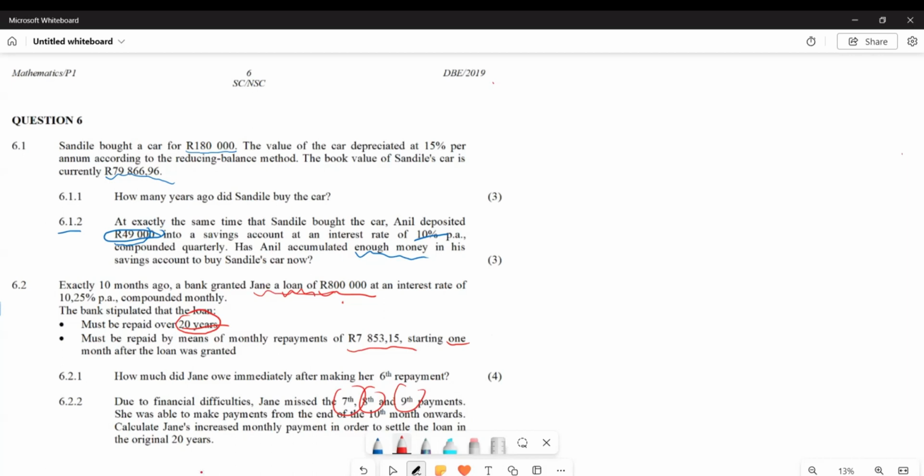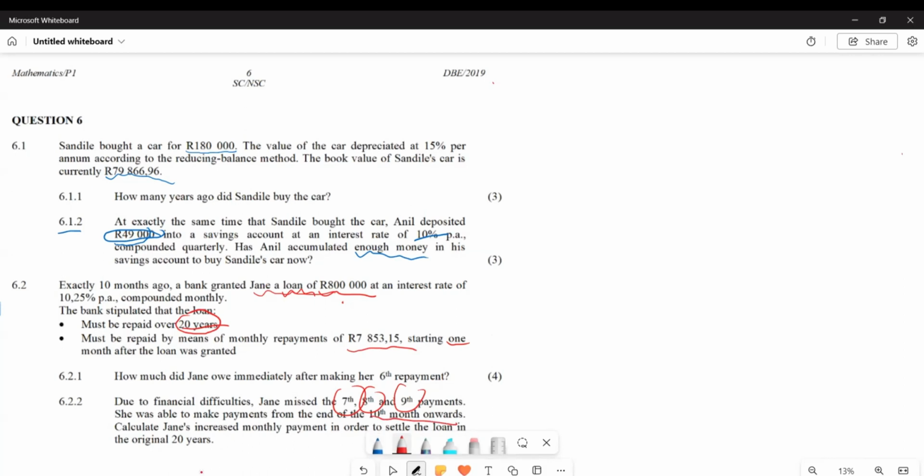So they are saying Jane had difficulties between the 7th, the 8th, and the 9th payment, right? And Jane now wants to add after the 10th payment, from the 10th payment up until the end of the loan.